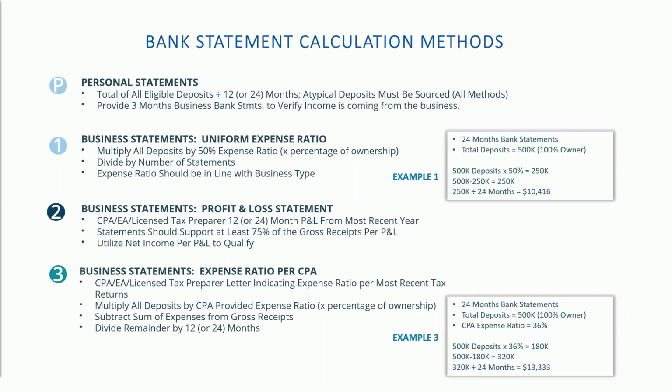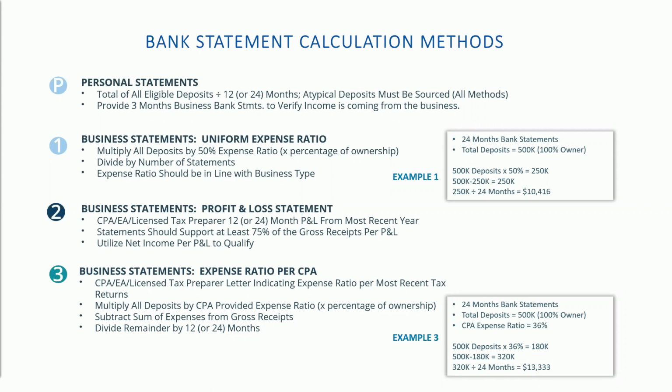And then the kicker for the personal statements, because we do allow all eligible deposits, eligible is really the key word there. If you notice the second bullet point, we do need 3 months business bank statements to verify that the transfers or inbound transfers or income is coming from a business. So that's usually where the personal method gets derailed.